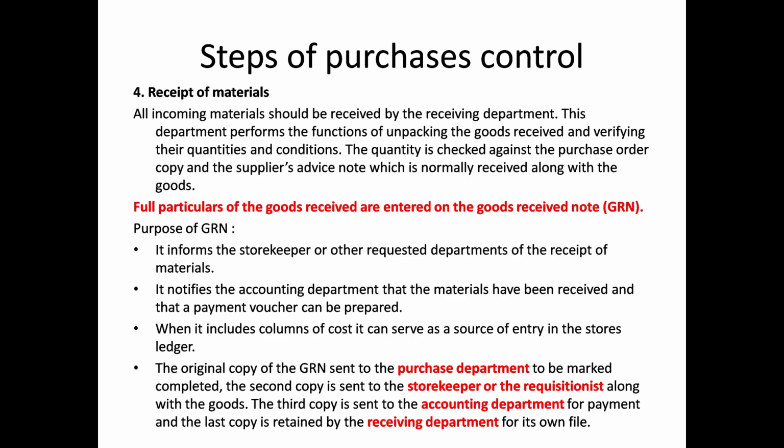Then this department performs the functions of unpacking the goods received and verifying their quantities and conditions. The quantity is checked against the purchase order copy and the supplier's advice note.